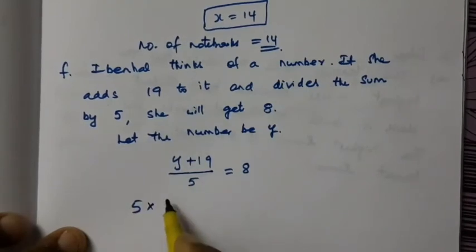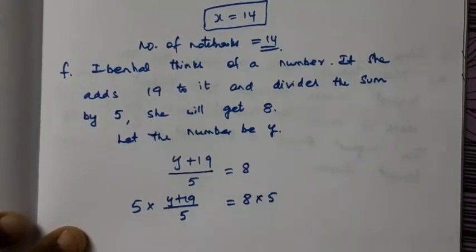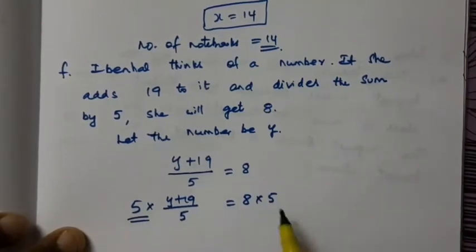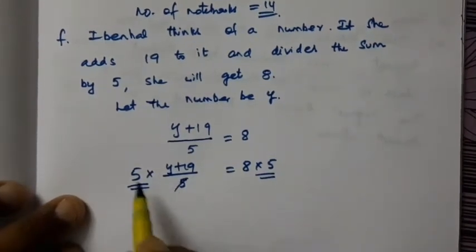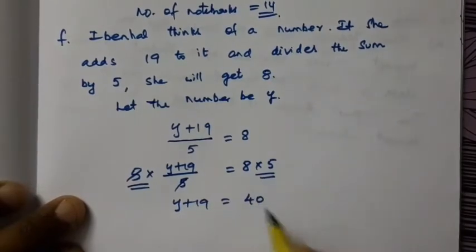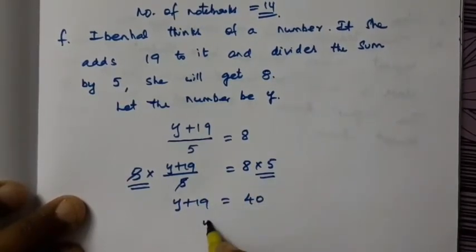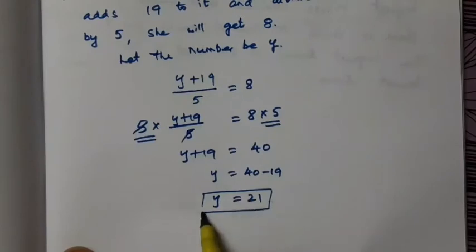This is 5 multiplied by (y plus 19) divided by 5, equal to 8 multiplied by 5. So this 5 and this 5 will get cancelled. y plus 19 equals 40. So y equals 40 minus 19, which means y is 21.